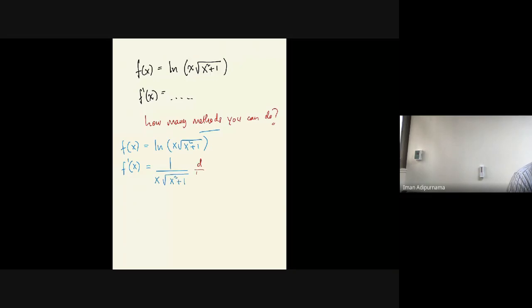And you still need to multiply with the inside function. And the inside function is basically the product rule. Okay? So it's FG, right? So you need to calculate the product rule.